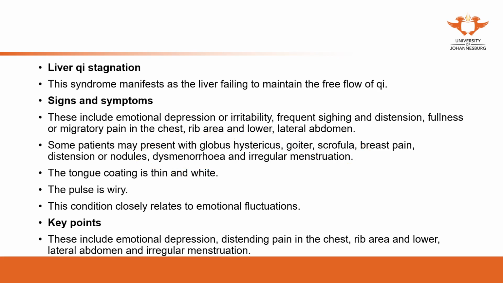So from liver qi stagnation, firstly, the patient won't feel happy: emotional depression. They are either sad or they feel angry, irritated. Distending pain in the chest, ribs area, lower abdomen. The nature of the pain is distending.